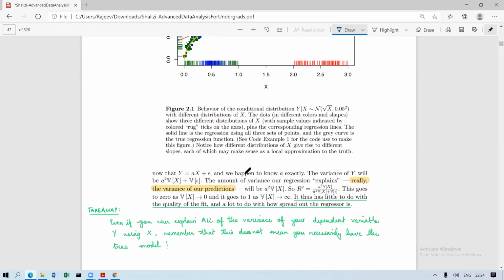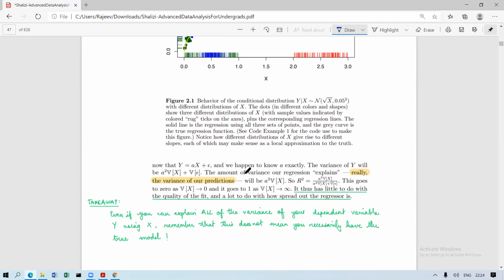But our prediction would be just ax. So what we are accounting for is only a square times variance of x. So in the R square metric, the numerator is how much variance our predictions have accounted for, and the denominator is the true variance, as we saw here.